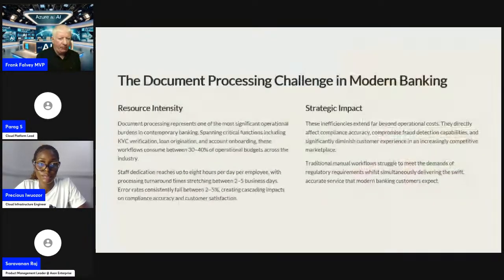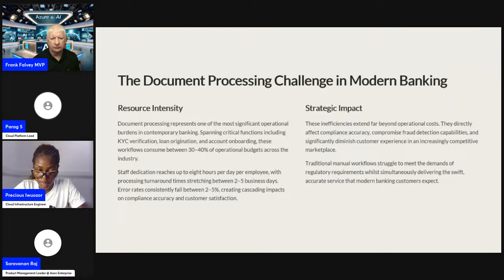Usually when you say document processing for banking, when you go to the bank, whether to open an account or take a loan, as a customer you have to submit so many documents with respect to KYC, different aspects of your salary slips, banking statements, etc. And that goes to the team in the bank.